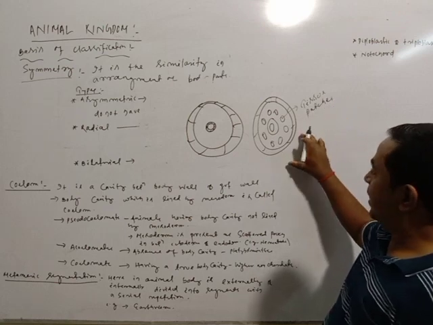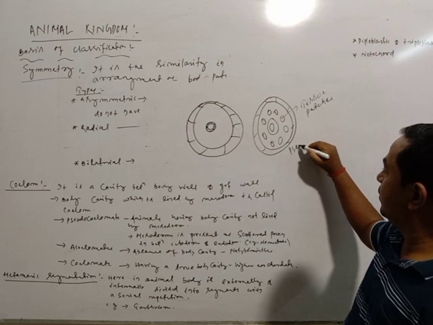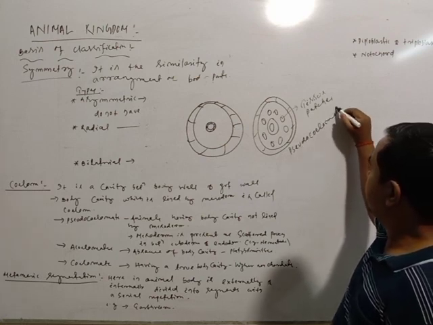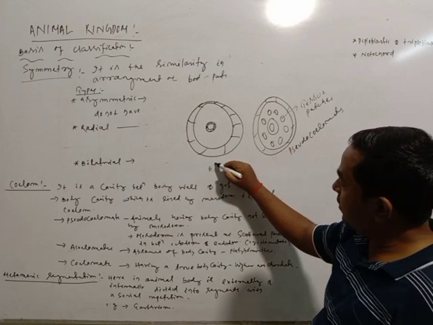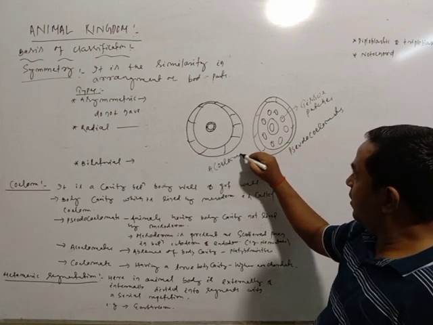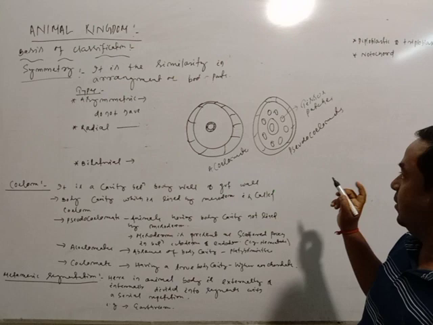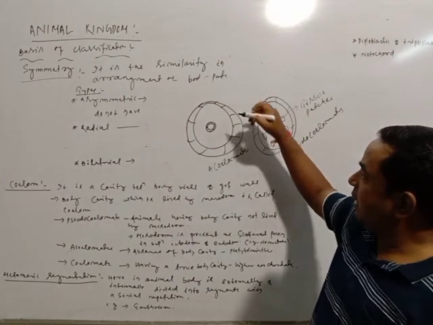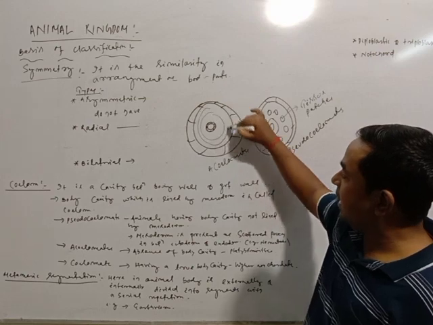That's why they are pseudocoelomates. Acoelomate and pseudocoelomate. But in case of coelomates, here another line will be derived.